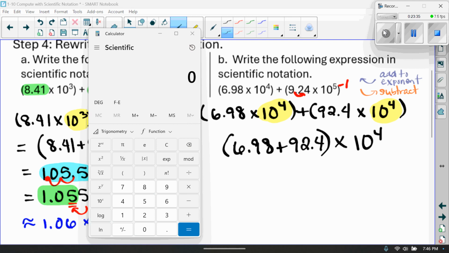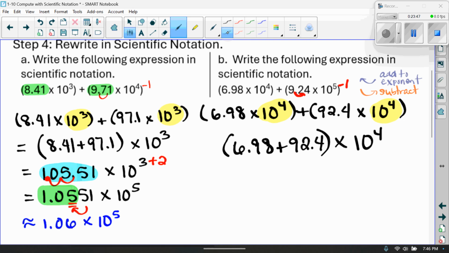So when we put that together, so when we add here, this is 6.98 plus 92.4, and that gives us 99.38. So this is 99.38 times 10 to the 4th. Now we're going to use our moving the decimal trick.